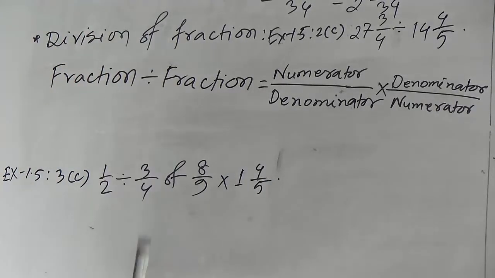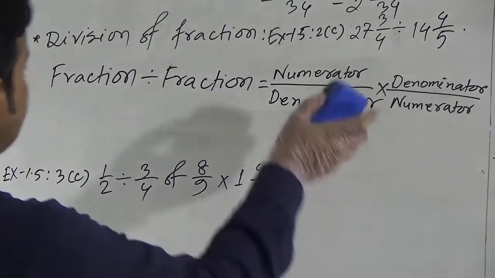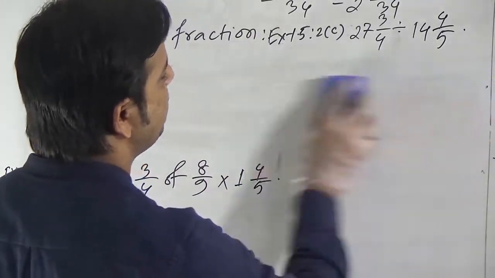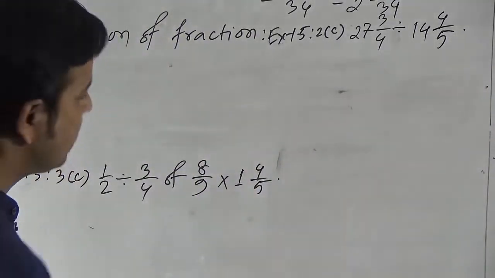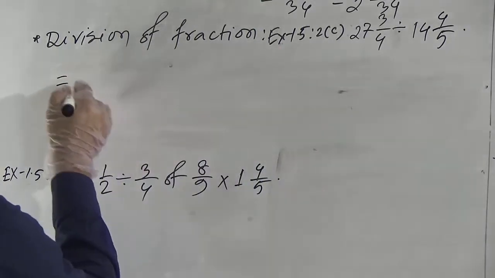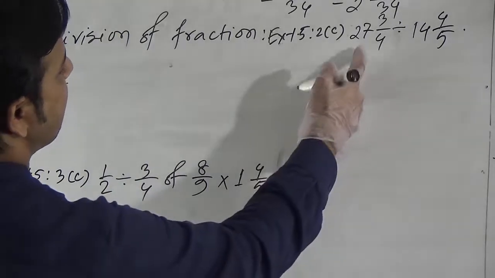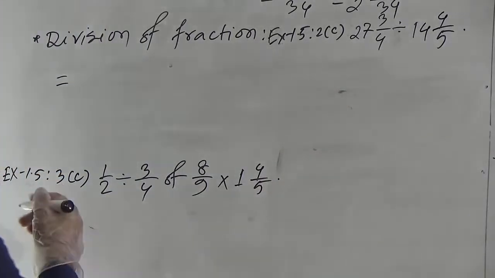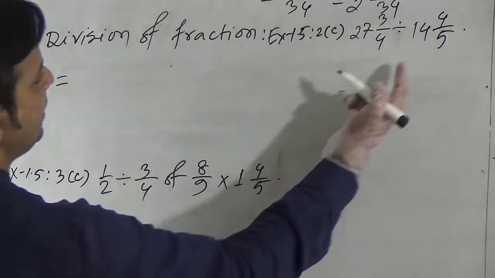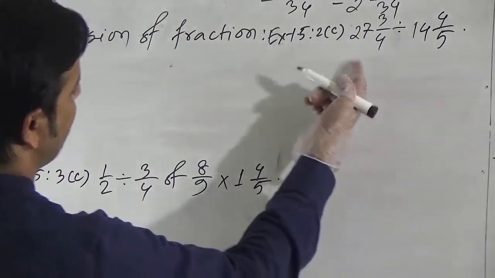Now I will solve a problem that is given here. Let us see the problem. This is our given problem. We can solve this now. As this is a mixed fraction, we have to convert this into improper first. This is also mixed, we have to convert this into improper.